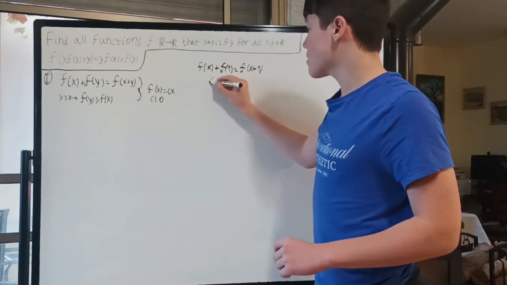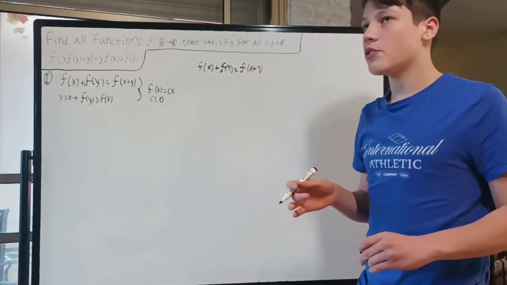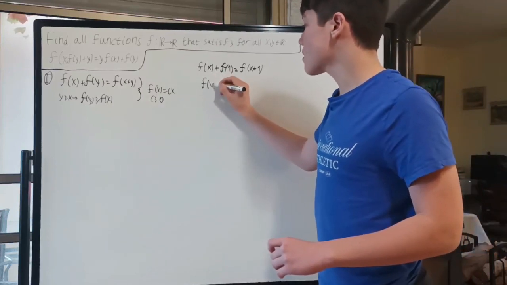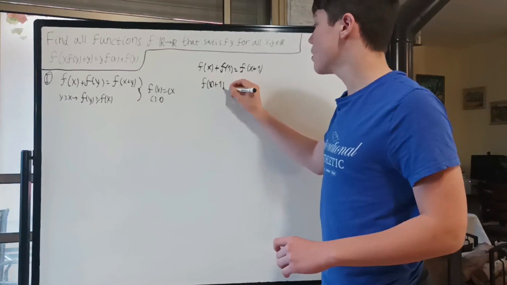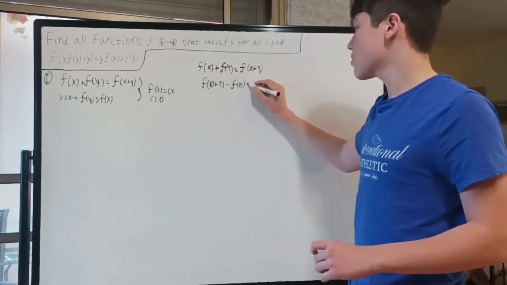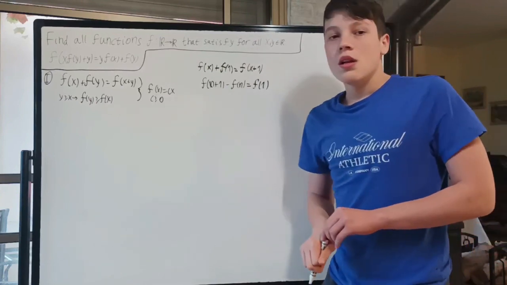So if I replace x with a positive integer n, then f(n + 1) minus f(n), moving f(n) to the other side, is f(1).